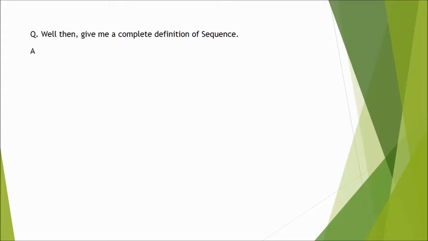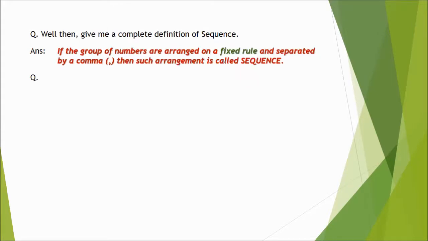The definition of sequence, you can note in your notebook: if a group of numbers is arranged on a fixed rule and separated by commas, then such an arrangement is called a sequence.